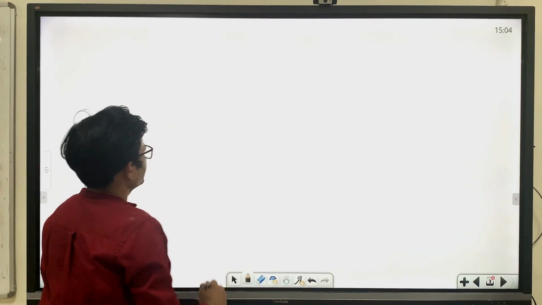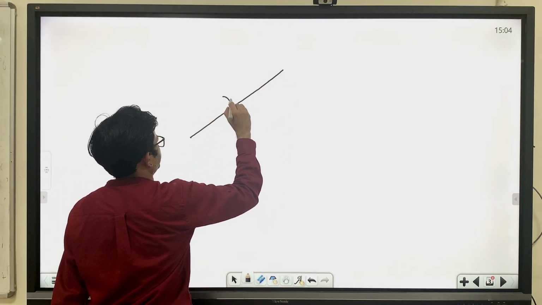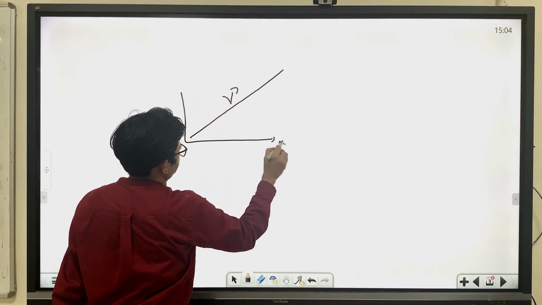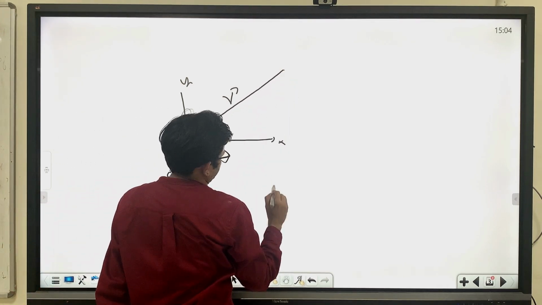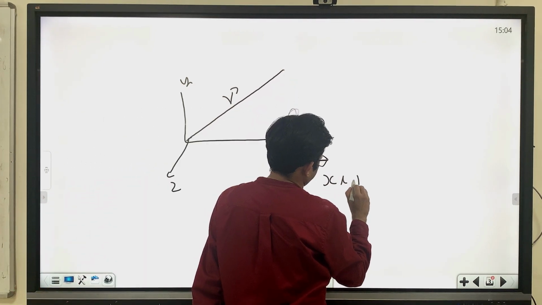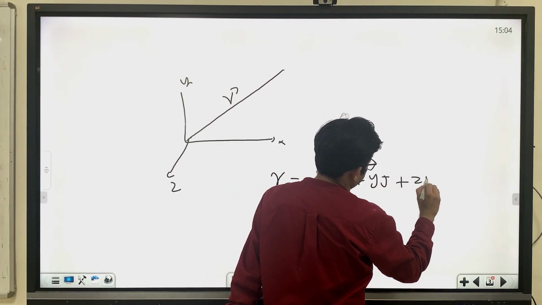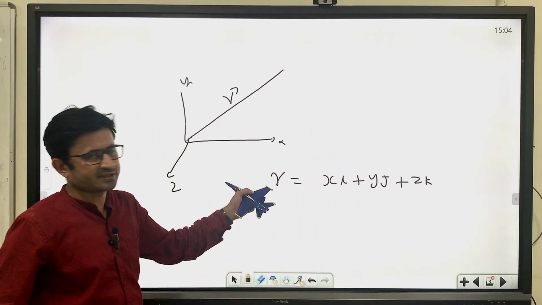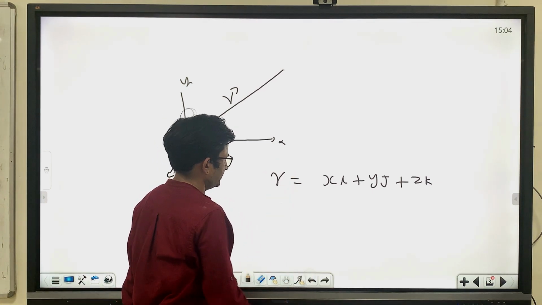So let's say you have any vector r, which is xi, yj and zk. Consider this r as a vector; you can pick a vector depending upon your choice.